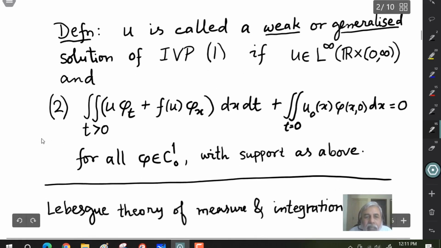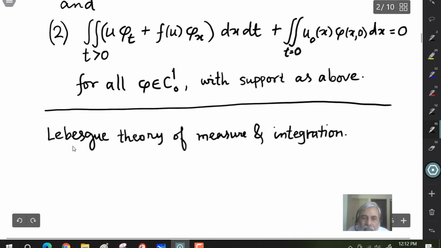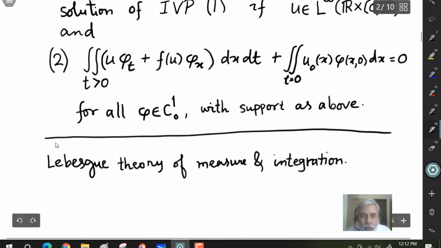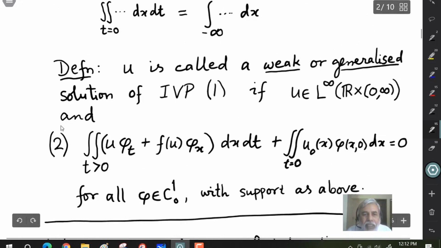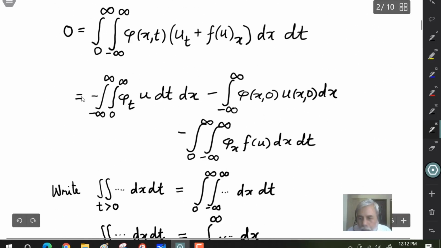In case the problem is posed in the setting of a Hilbert space, then instead of integration, one uses elements from the dual space. That you will see in a few introductory lectures on weak formulation. So this is the definition of this weak solution.